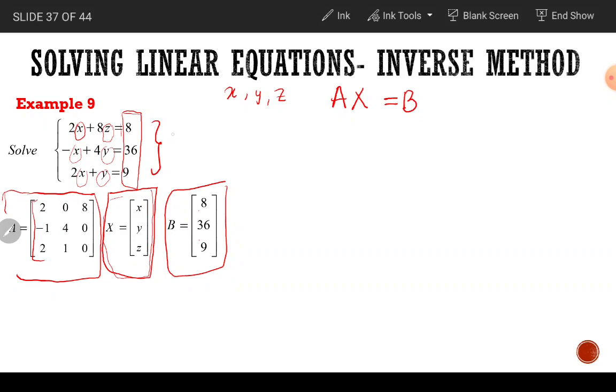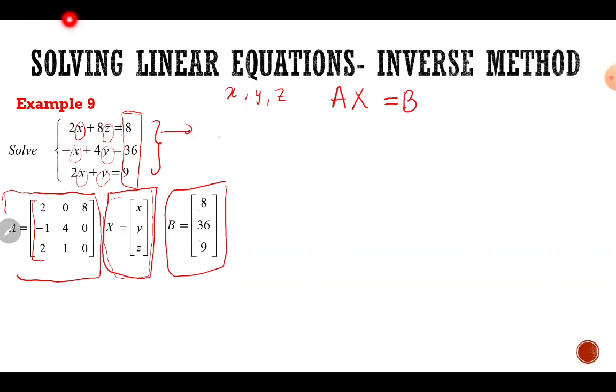Because if you can see, our first equation, we have 2x plus 8z equals 8, right? So this 2 corresponds to the 2 here. This 2 corresponds to the constant of variable x. As we have clarified earlier, our matrix X has 3 variables, x, y and z.